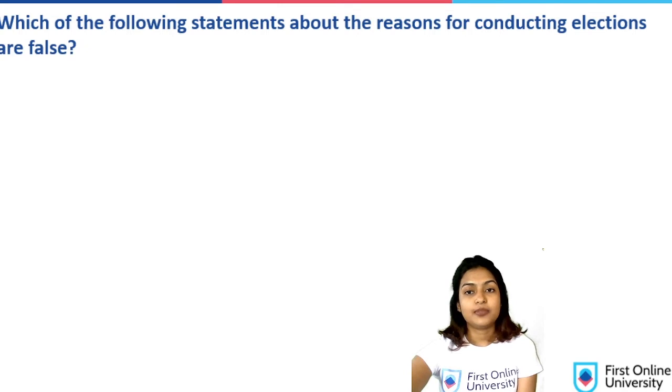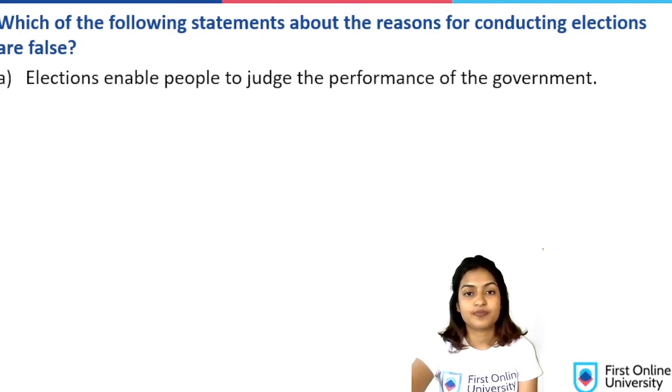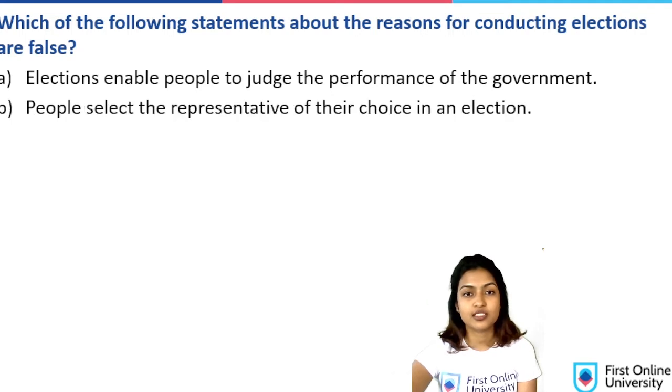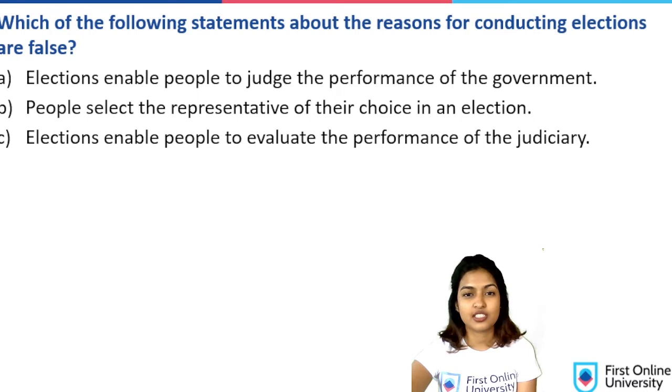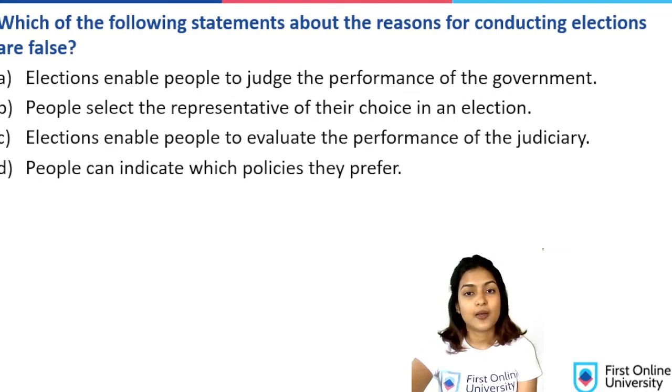Which of these statements about the reasons for conducting elections are false? We need to pick the false statement here, so let us see. Elections enable people to judge the performance of the government. People select the representative of their choice in an election. Elections enable people to evaluate the performance of the judiciary. People can indicate which policies they prefer.